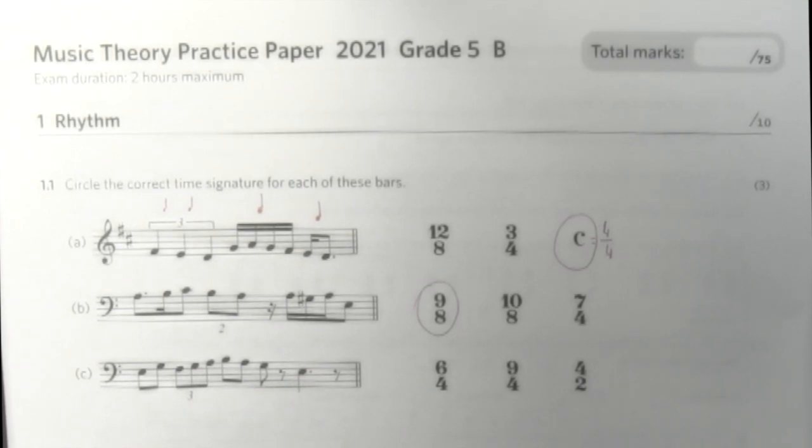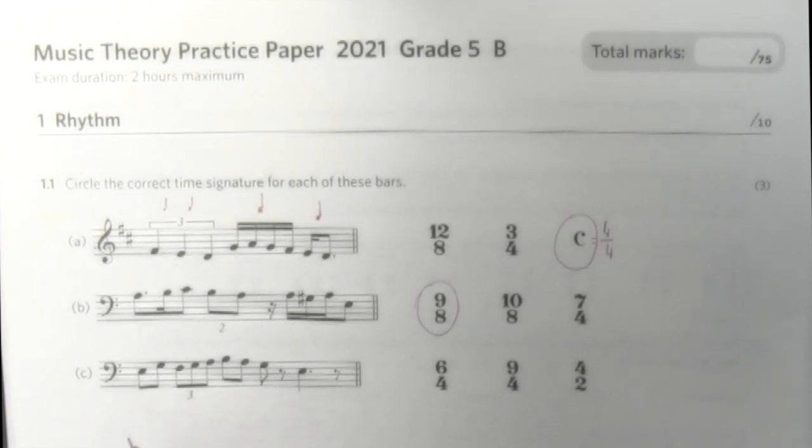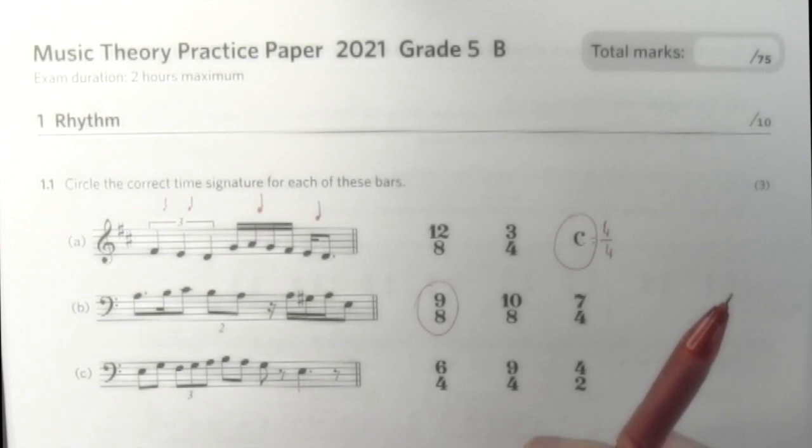The last one. In this case, we can see that this is a simple time because we have a triplet sign. Remember, in compound time, 3 quavers fit perfectly in the space that we have. But in simple time, we have only 2 seat spaces, so 3 quavers would need to squeeze in.